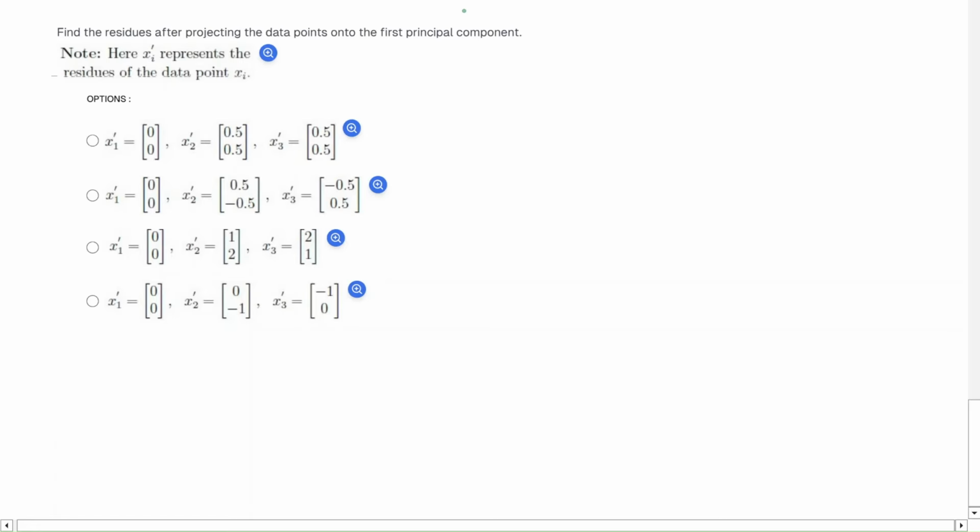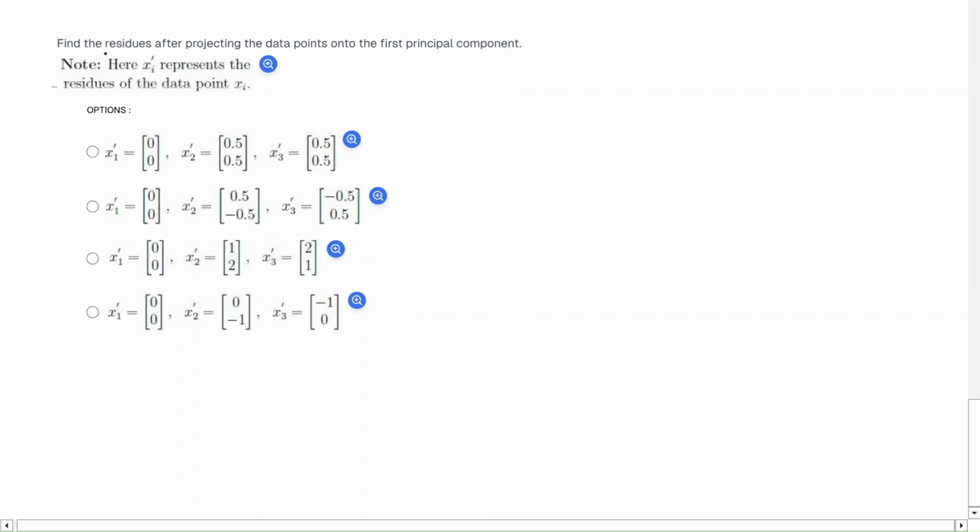Alright, so here they're asking for the residues after projecting the data points onto the first principal component. So what are residues actually? It's nothing but xi minus xi hat. Okay, what is xi hat? Xi hat is actually the projection that you obtain by projecting the data point xi onto the first principal component, which in our case, let me call it v1.